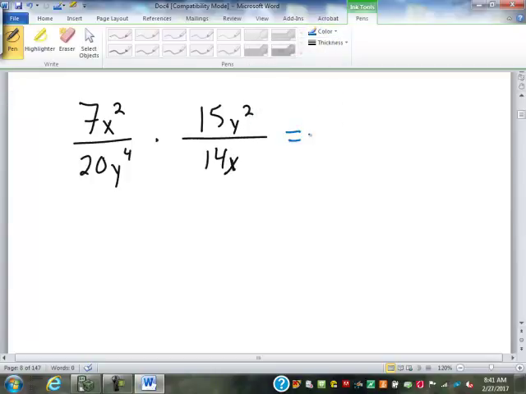This one you obviously can't do on your calculator because your calculators don't do variables. Not unless you have a really expensive one. To work with this, I would recommend, just like we did when we reduced a fraction, we pull out the numerical part of the fractions.